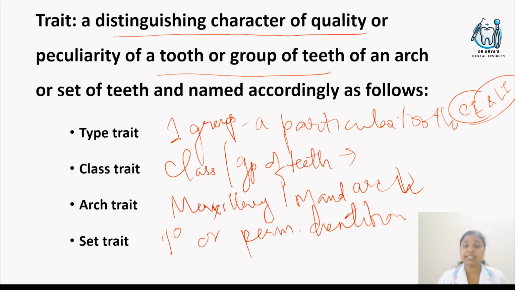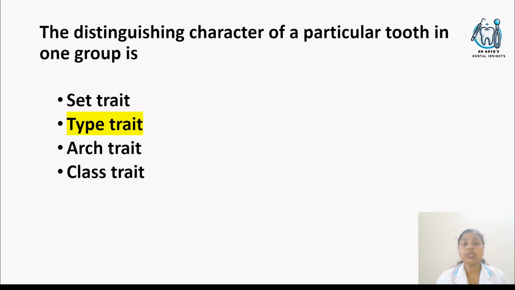Arch trait is maxillary or mandibular arch, so oblique ridges are present in the maxillary arch. Set trait is primary or permanent dentition; all the permanent teeth are larger than the primary teeth. So these are the various traits. Here a particular tooth in one group is the type trait.